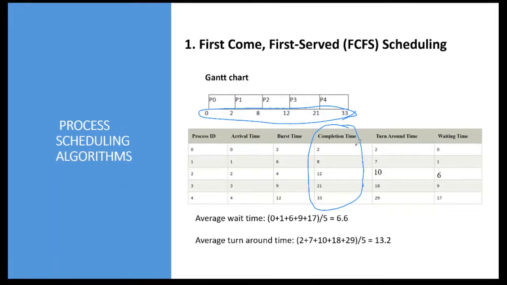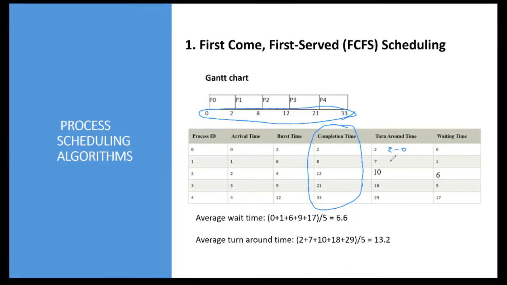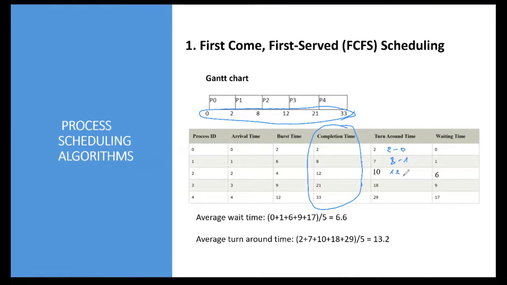So the turnaround for process P0 will be 2 minus 0, because it arrived at 0. Then here you have 8, which is the completion time, and it arrived at 1. Here we have 12, which is the completion time, and it arrived at 2.